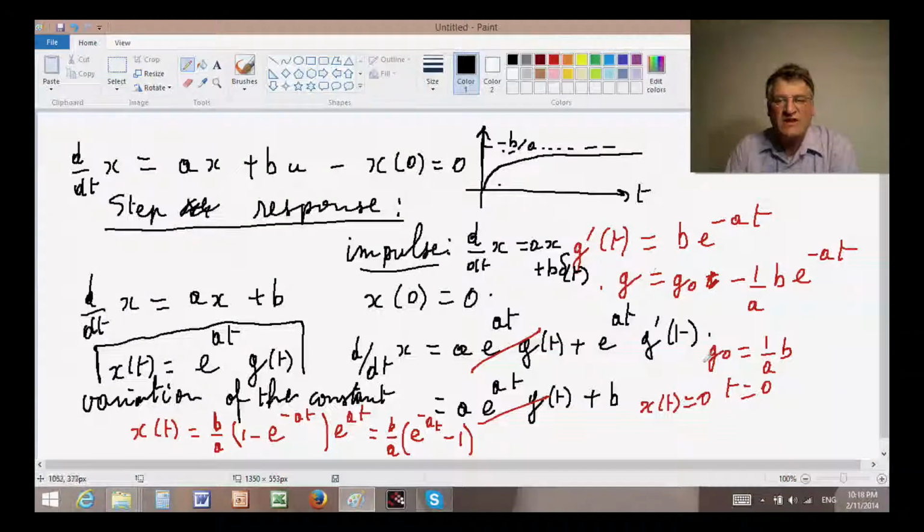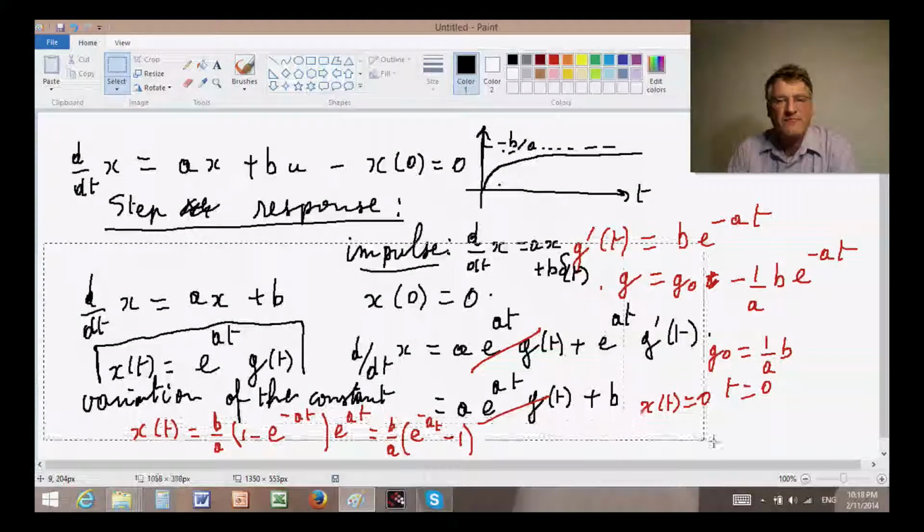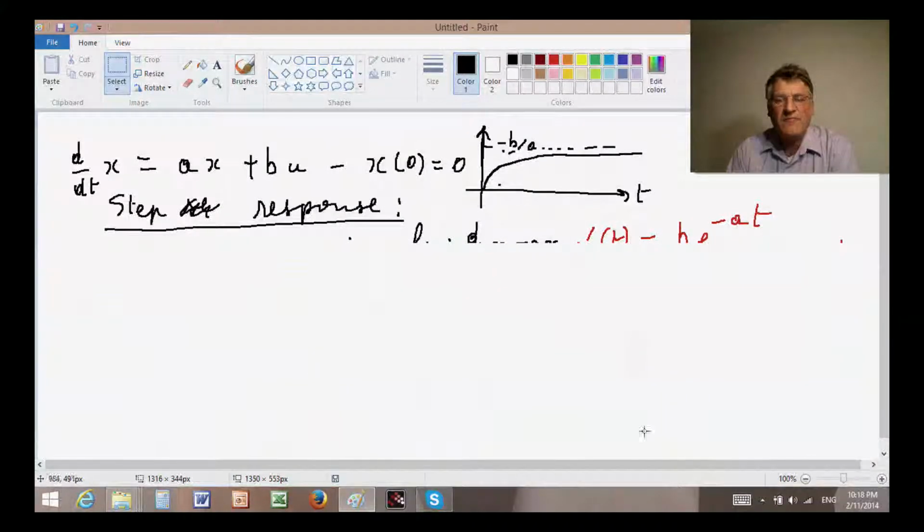In this case, the effect of delta is to reset the system at b. So, if I clean up a little bit what I have, and I look again at the impulse response, I cross the step response. I only show the impulse response.